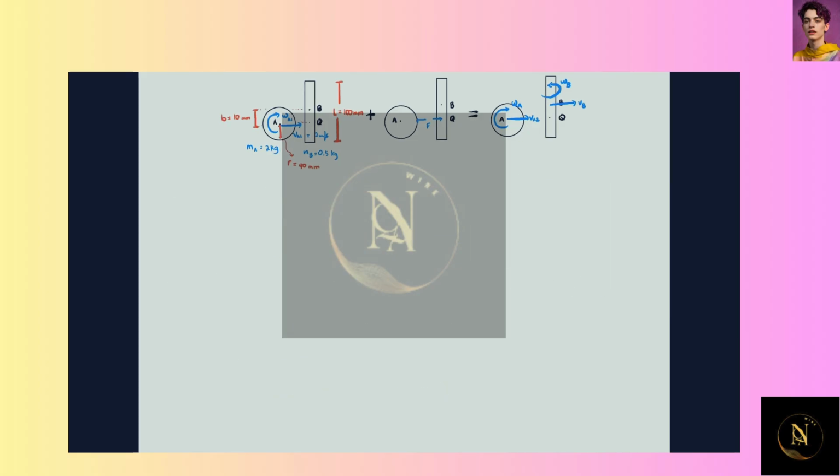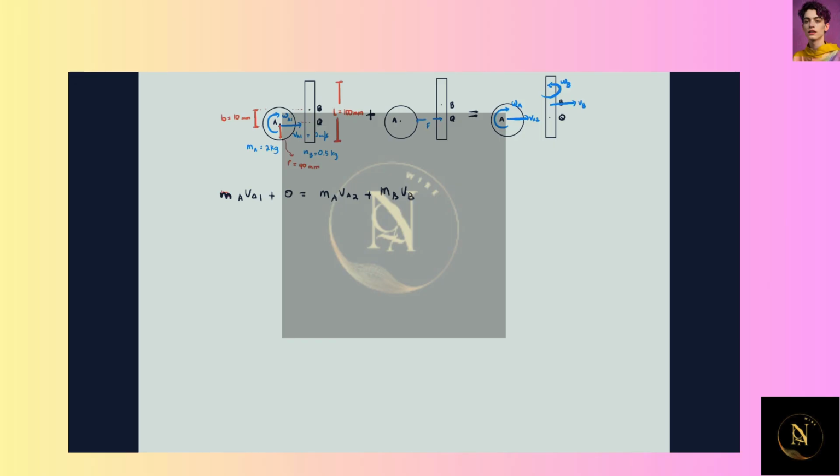Next, writing an equation for the linear components of the momentum for both the sphere and the bar, we'll have ma va1 plus 0 equals ma va2 plus mb vb.